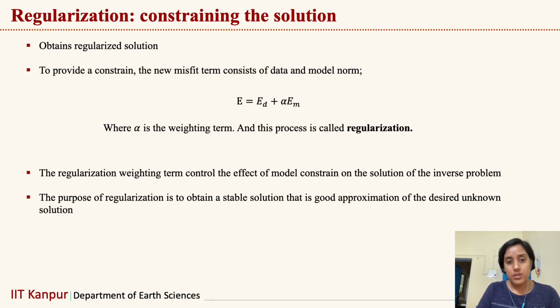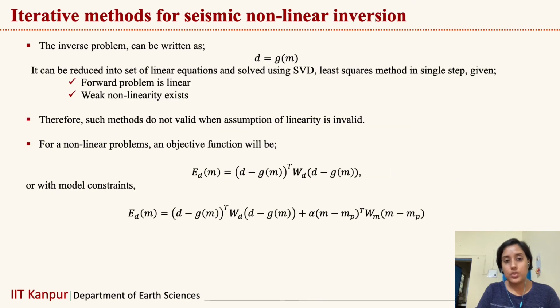Moving forward, let us understand a little bit about the scenario where the relationship of linearity doesn't hold. In general, the inverse problem can be written like this, where D is the seismic data acquired, G is our forward operator, and M is the model parameter for which we are trying to do this inversion.